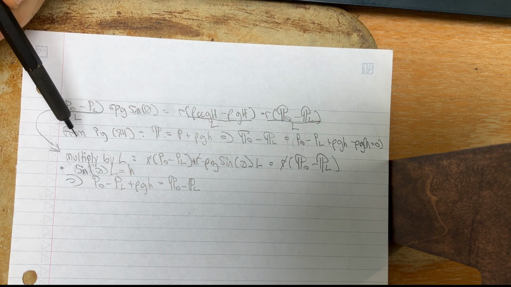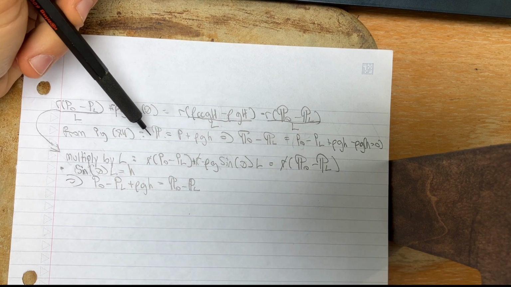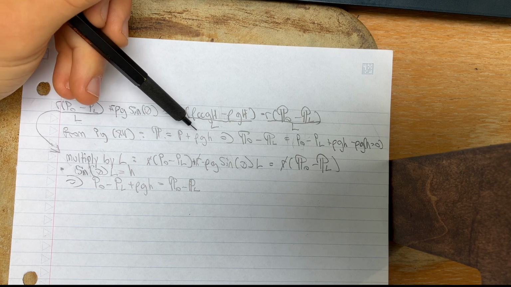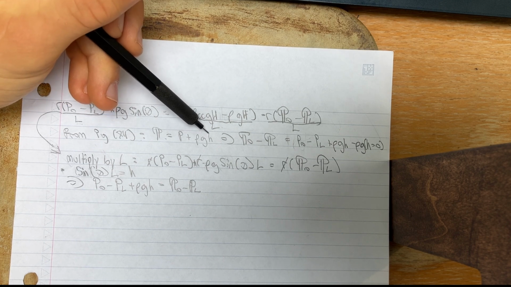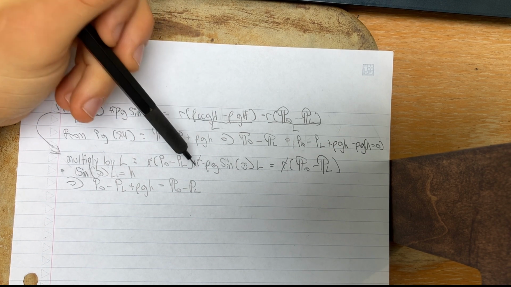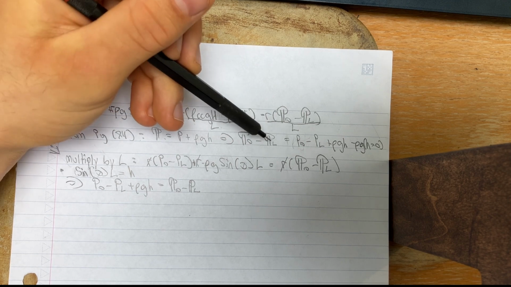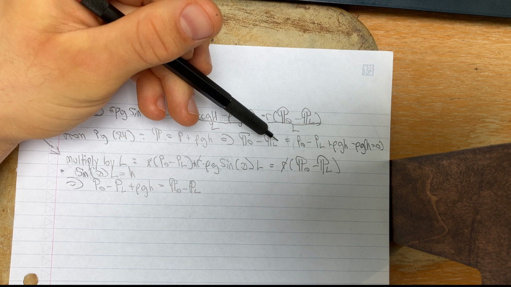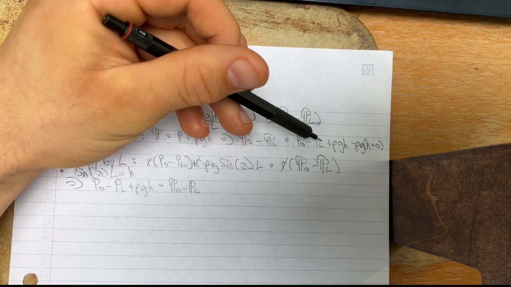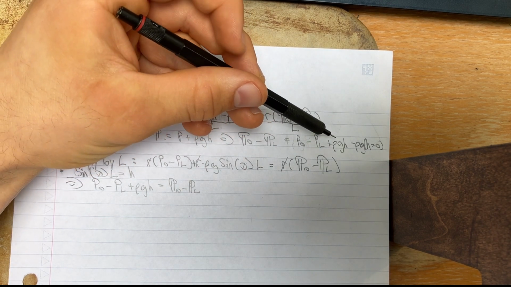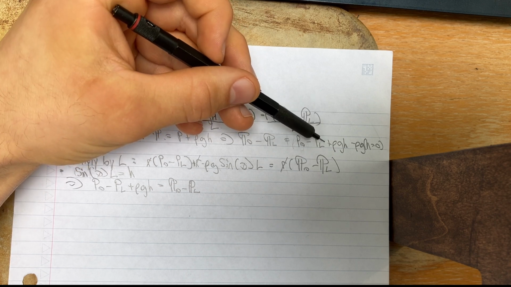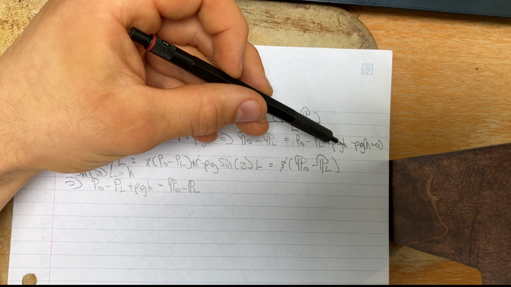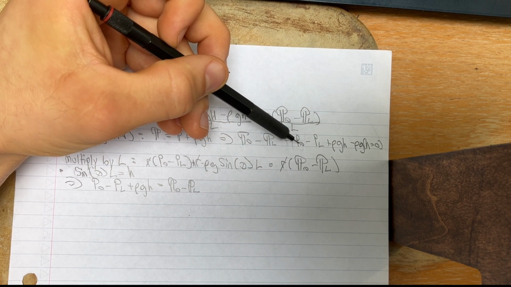And then from page 84, you can see that the modified pressure equals pressure plus rho gH. From that, we can say modified pressure 0 minus modified pressure L equals pressure 0 minus pressure L plus rho gH, and this H is at pressure 0.